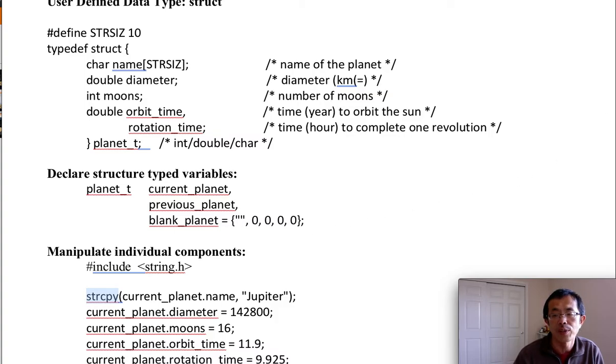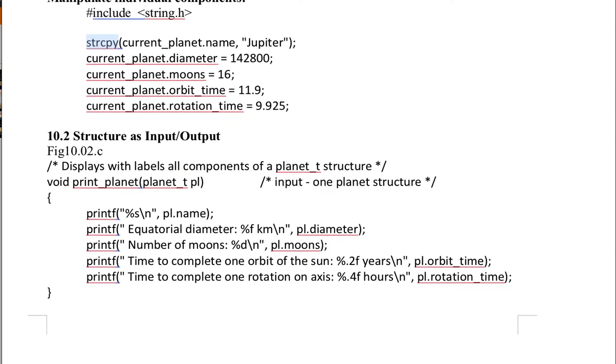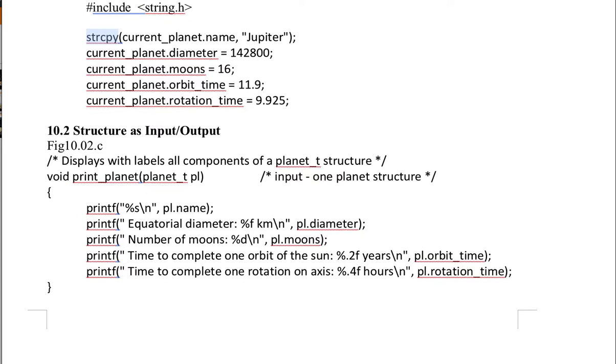I suppose we know the way to access a member of a structure. You really need to do 2 things: write down the name of the structure variable, followed by a dot, followed by the name of the member.